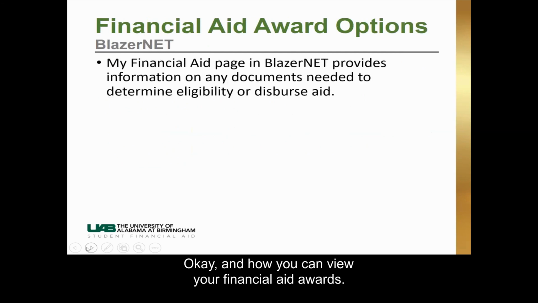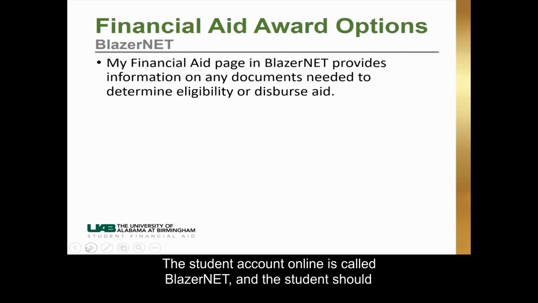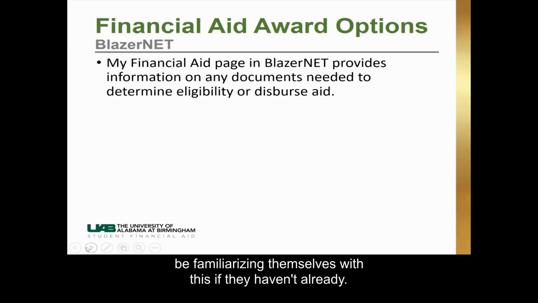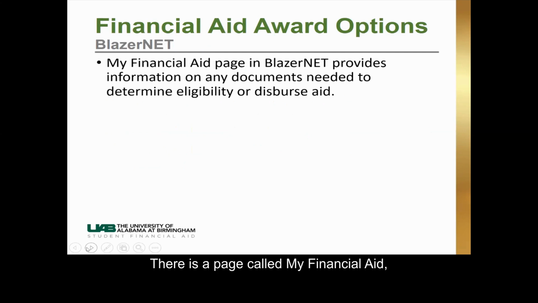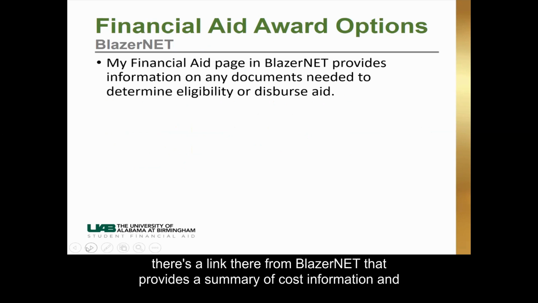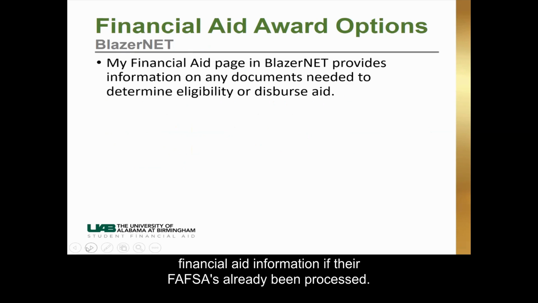Okay, and how you can view your financial aid awards. The student account online is called BlazerNet. The students should be familiarizing themselves with this if they haven't already. There is a page called My Financial Aid. There's a link there from BlazerNet that provides a summary of cost information and financial aid information if their FAFSA has already been processed.